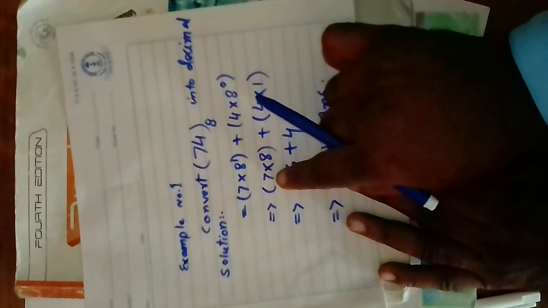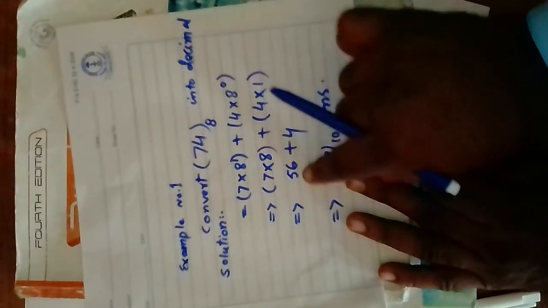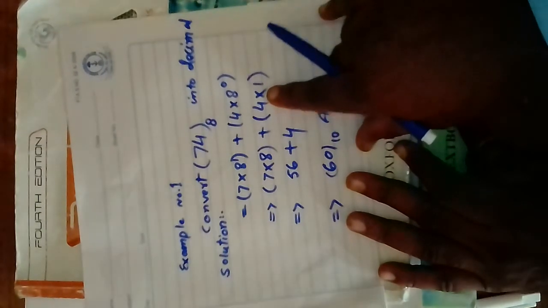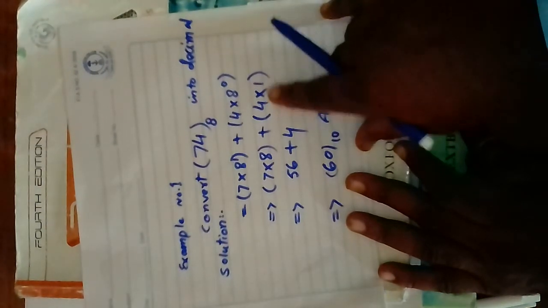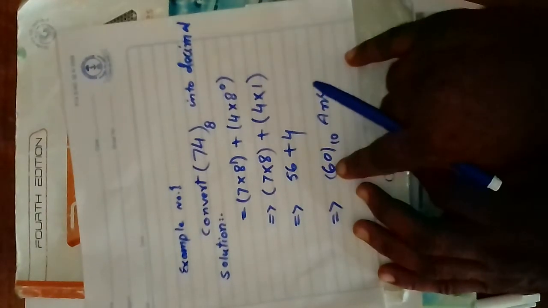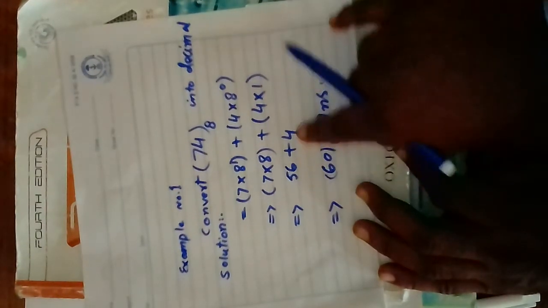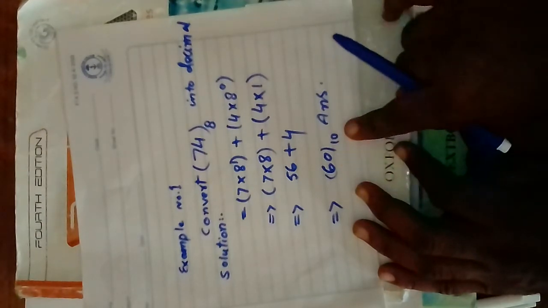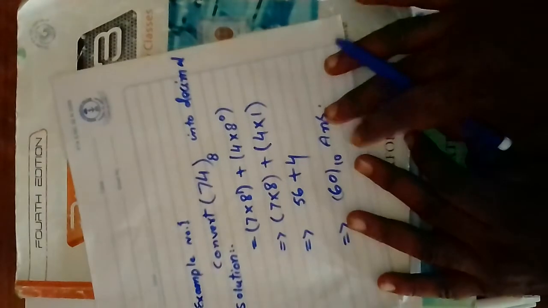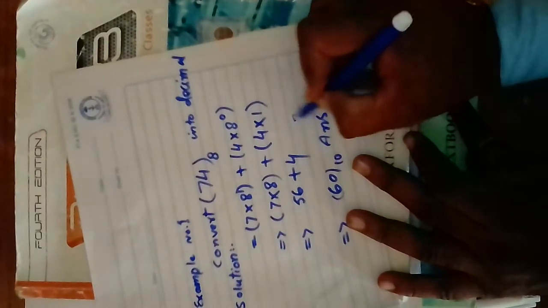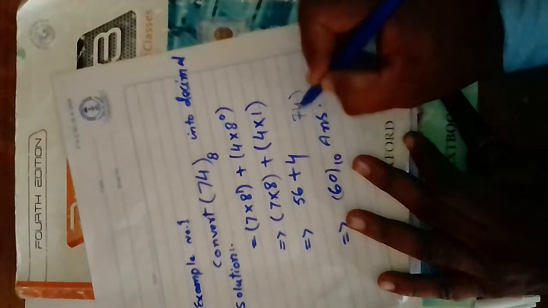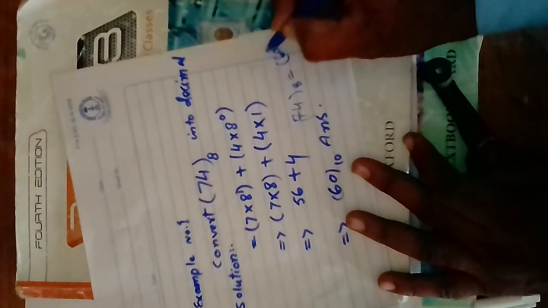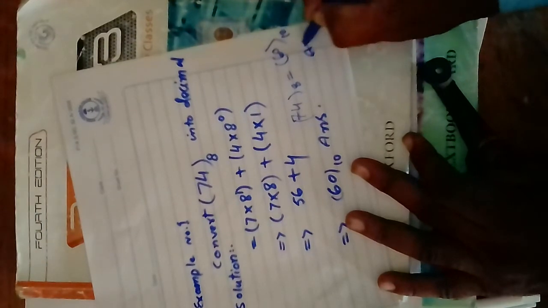Finally we multiply 7 by 8, the answer will be 56, and in the second bracket 4 into 1, the answer is 4. Finally we add 56 plus 4, the answer will be 60 decimal. So simply we can say that 74 octal is equal to 60 decimal.